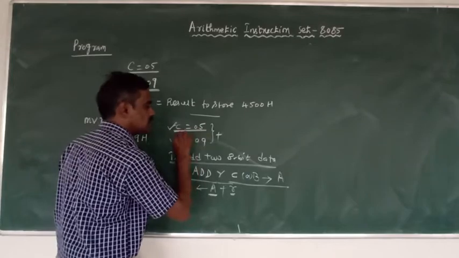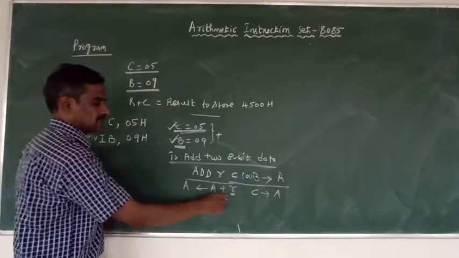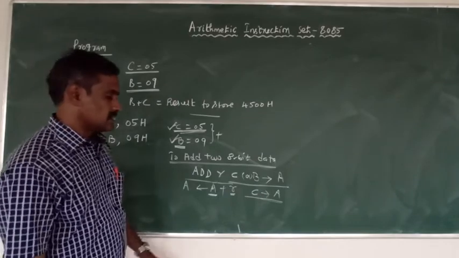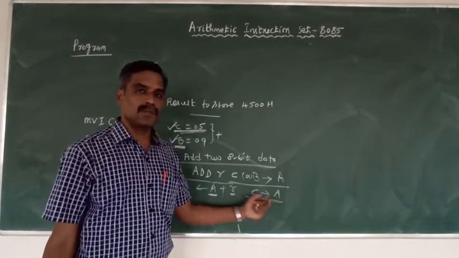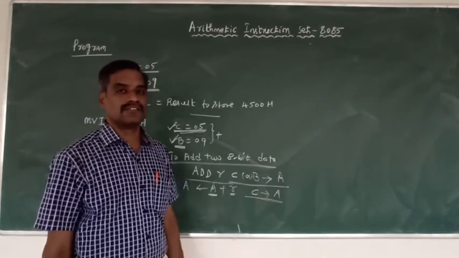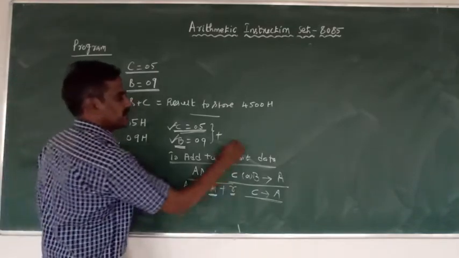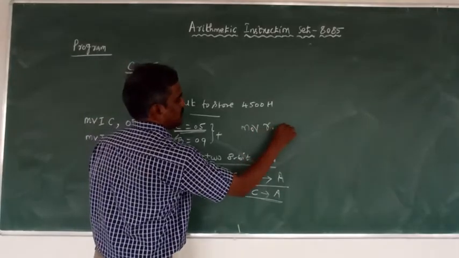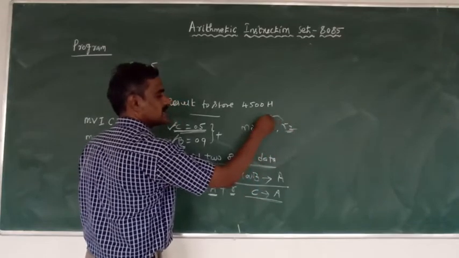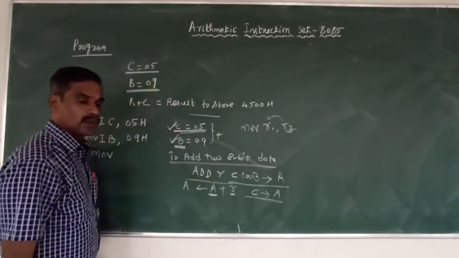Suppose we move the C register data to the accumulator. Which instruction can we use? Both are registers, and we can move data from one register to another register using MOV R1, R2. Here R1 is the destination register and R2 is the source register; R2 register data is moved to R1.